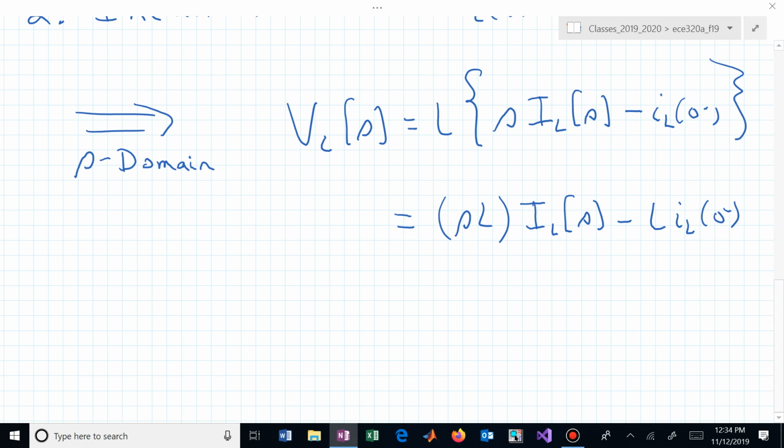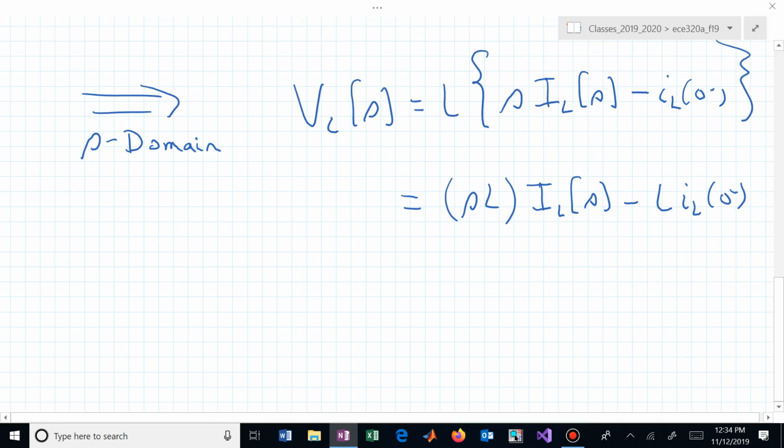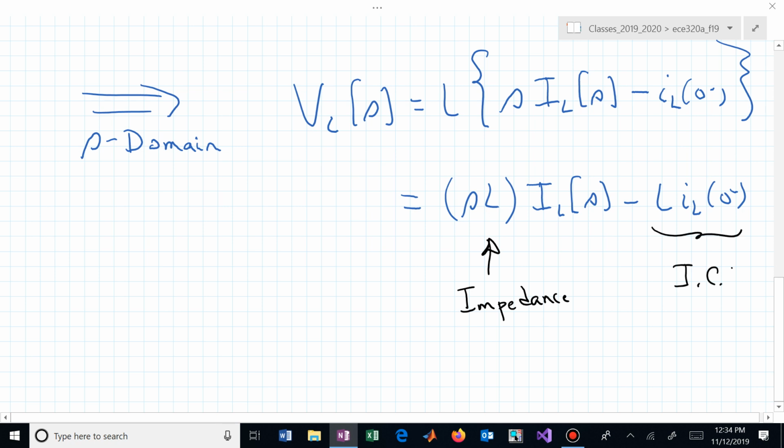And you can now see that this voltage in the S domain on an inductor has two pieces. An impedance piece, here's the impedance, and a term due to initial conditions.